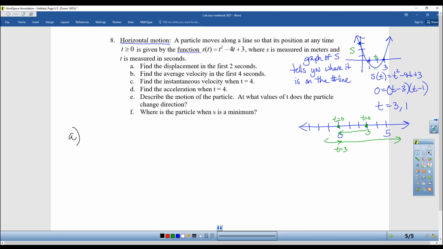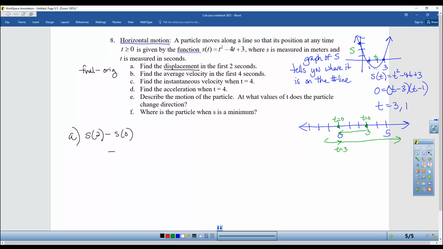Find the displacement in the first 2 seconds. Whenever you see displacement, you should be thinking the final minus the original. So S of 2 minus S of 0. What was its position at 2 and what was its position at 0?